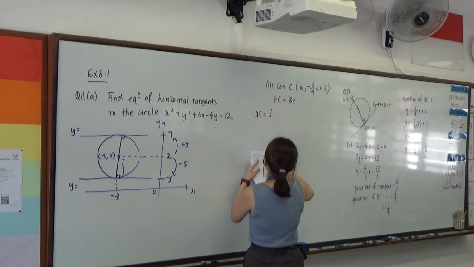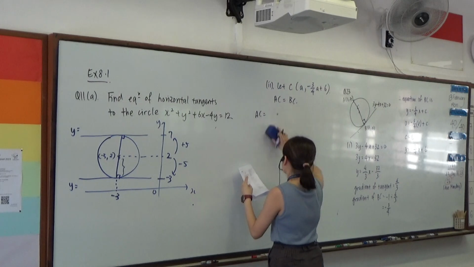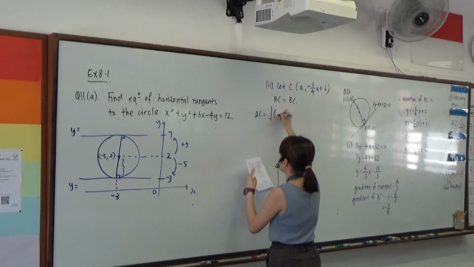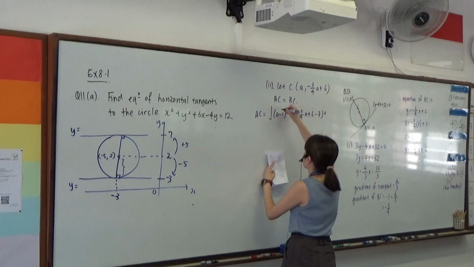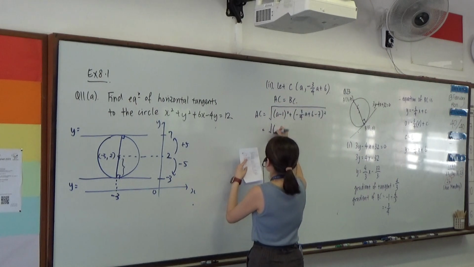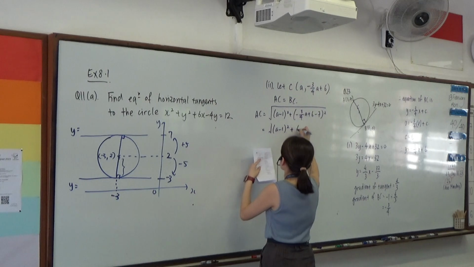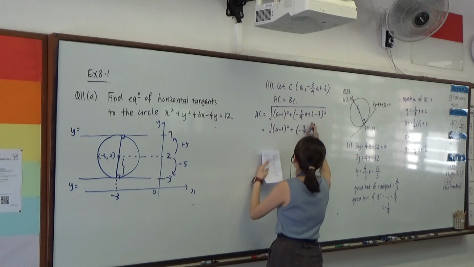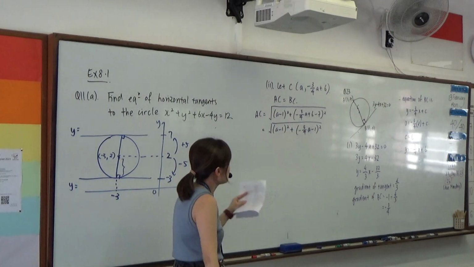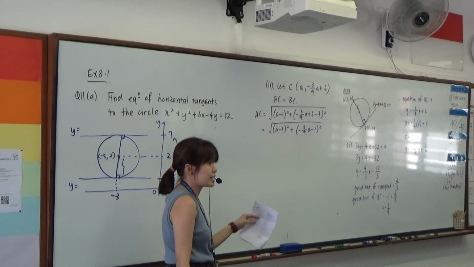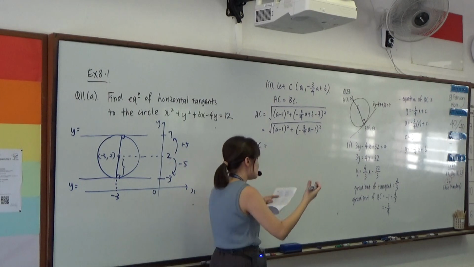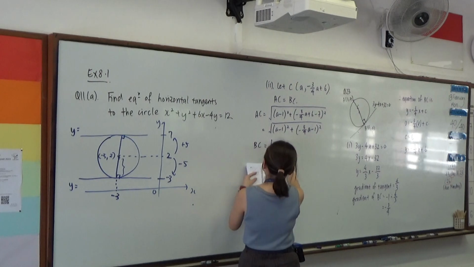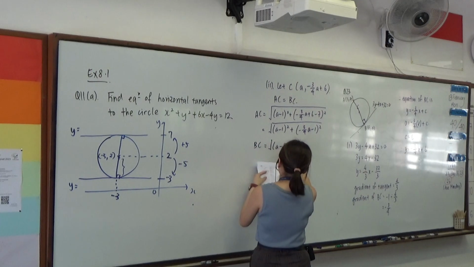Using my length formula, I will be able to get this for AC. Let's avoid expanding it entirely. Let's keep it compact first. Go and find out what BC is, so that later on maybe you will have something algebraically easier and neater.